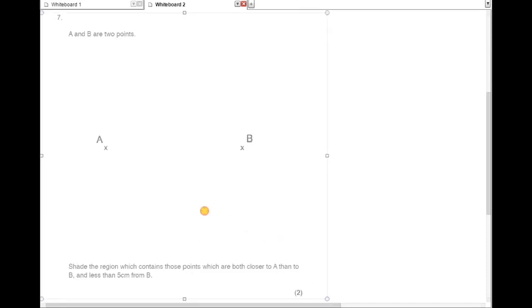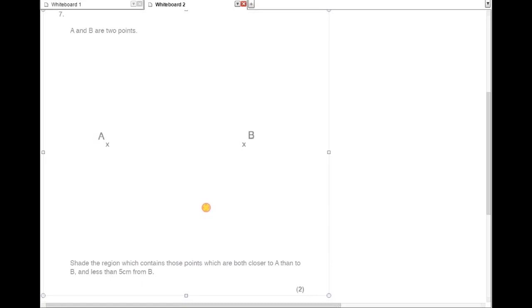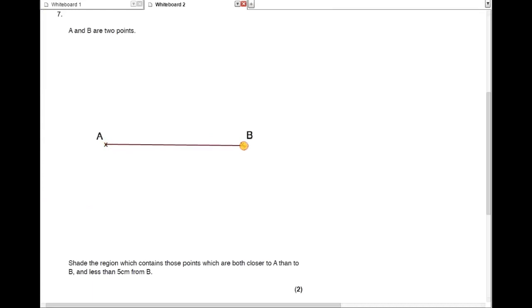So here you go, another question. What we have to do here is shade the region which contains those points which are both closer to A as compared to B and less than 5 centimeter from B. First of all, we are going to join these 2 points A and B with a nice line segment.